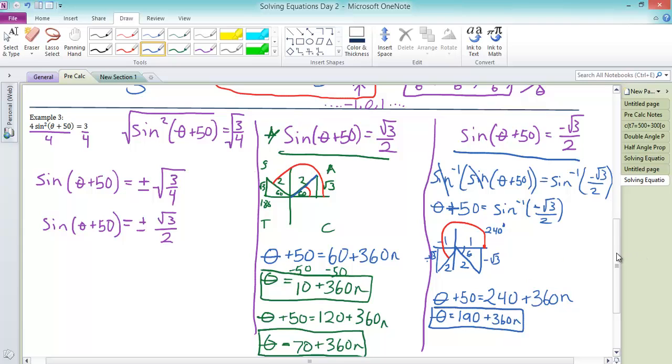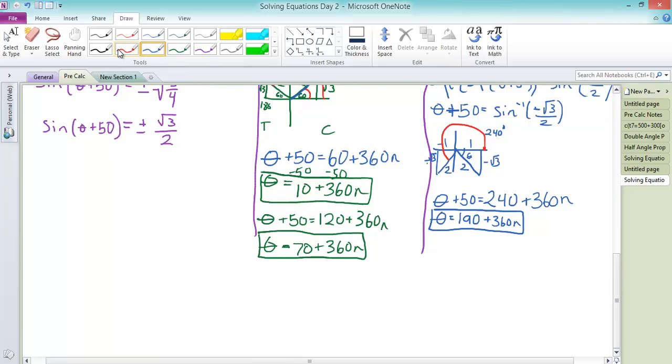And last, I'll do this in black now. We need to go from all the way around here to right here, which is the same as 360 minus 60, because that's a 60-degree reference angle right there.